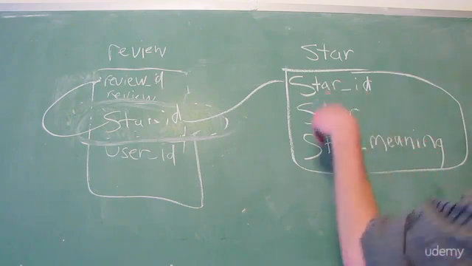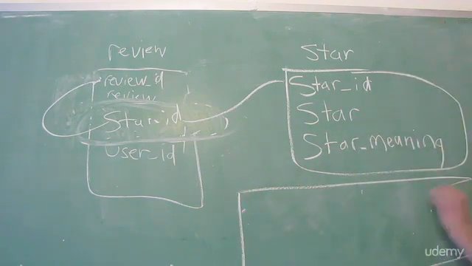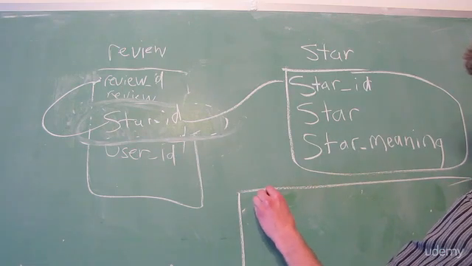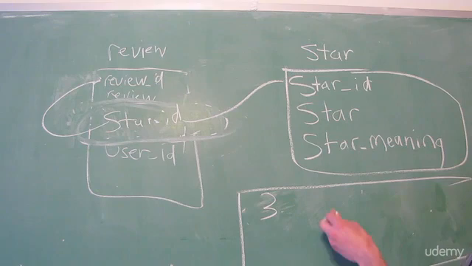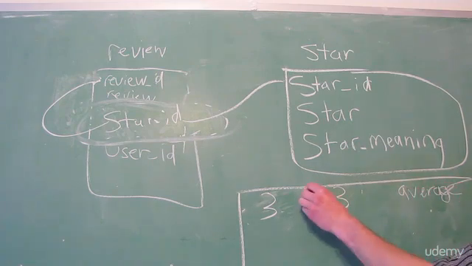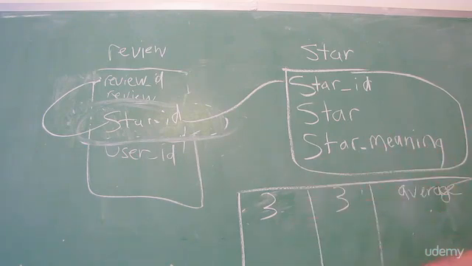Now over here, if we drew out this table, we could have a star ID of 3, and that star could be a 3-star rating, and it could mean average. Now, we're likely to only have 5 individual rows in this table, so it's kind of like a reference table.